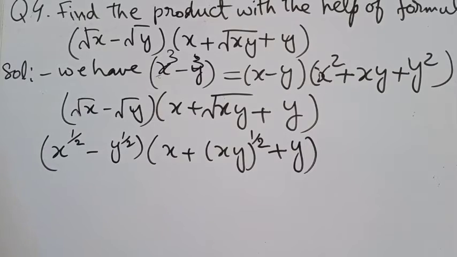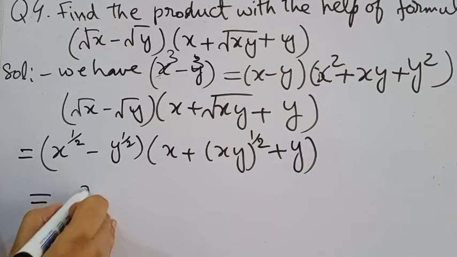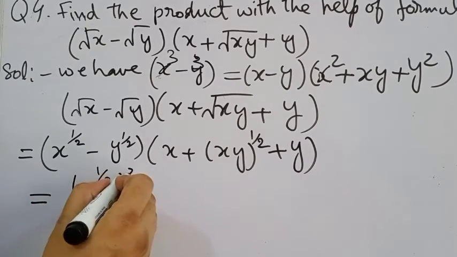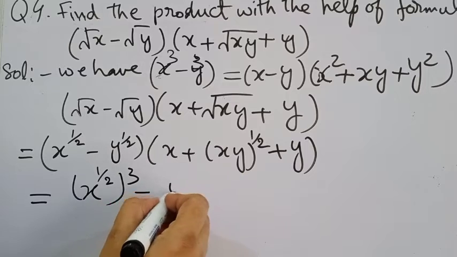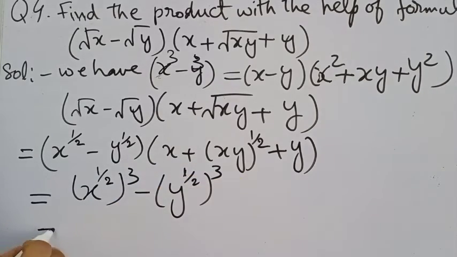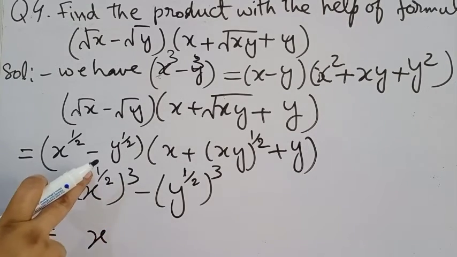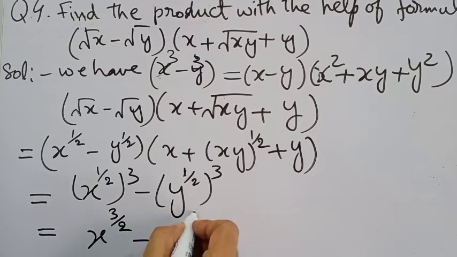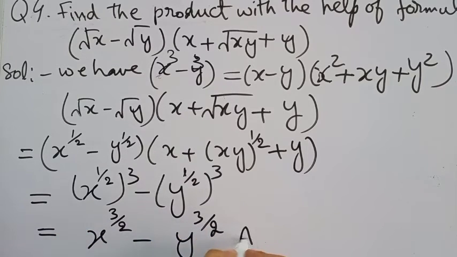We write this is equal to x raised to power 1 by 2 whole cube minus y raised to power 1 by 2 whole cube. We multiply 3 by 1 by 2, we have x raised to power 3 by 2 minus y raised to power 3 by 2, which is our answer.